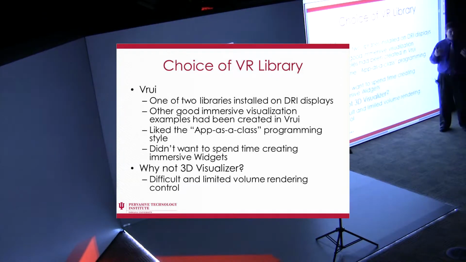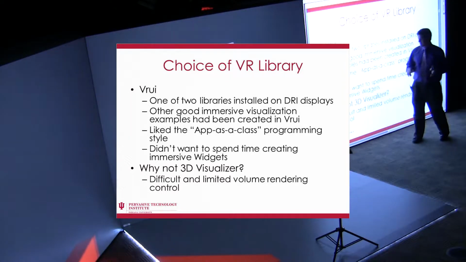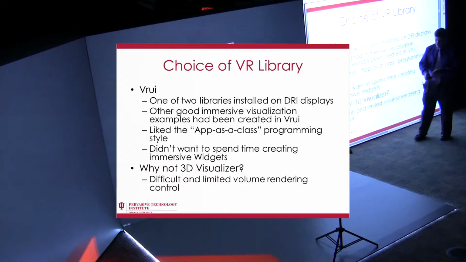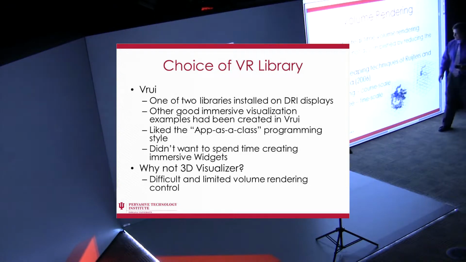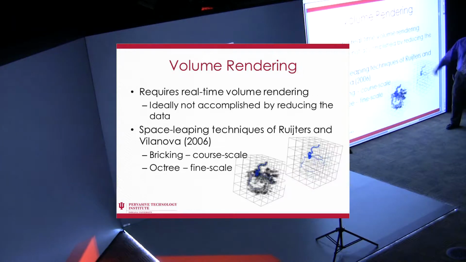But the problem was, in addition to other features, it had a method of doing volume rendering, but the user interface for doing the color mapping and the opacities, while not as clunky as some, was still pretty clunky. We had some new ideas that we wanted to implement, and so that required a new application.